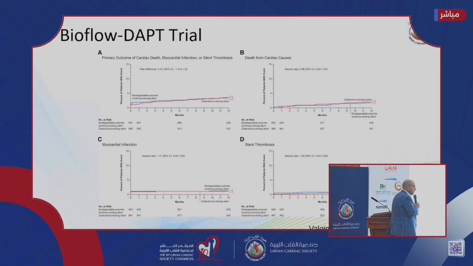We felt that all the newer drug-eluting stent platforms had good evidence that they would qualify for high bleeding risk patients. For short DAPT in high bleeding risk, the BioFlow DAPT trial compared the biodegradable polymer stent, Biotronik, hoping that would reduce the risk of bleeding compared to a durable polymer sirolimus stent, and there was no difference.